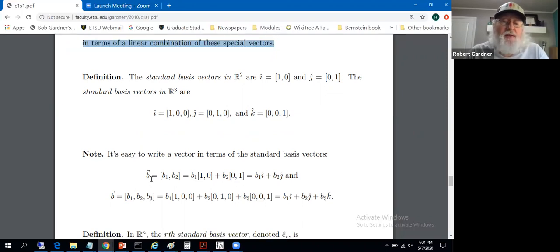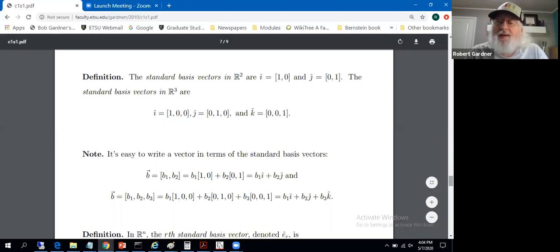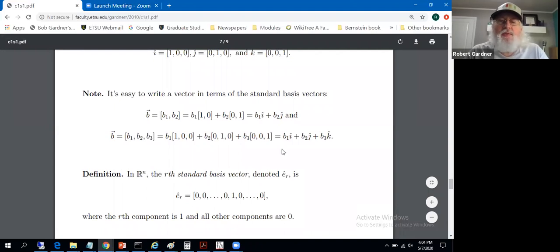You want to write, say, vector b with components b1 and b2 as a linear combination of i and j, because this is a vector from R2, because it has 2 components. Piece of cake. b1 times the first vector, the i vector, plus b2 times the j vector. We'll intermingle this notation with i's, j's, or i's, j's, k's, and components.